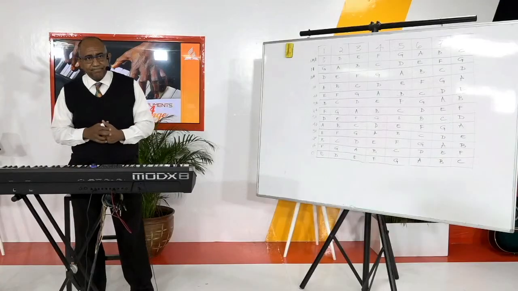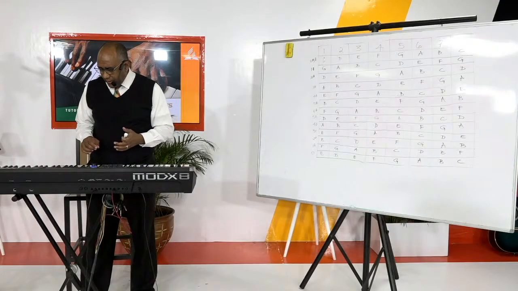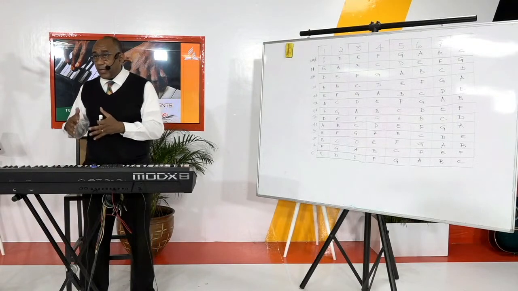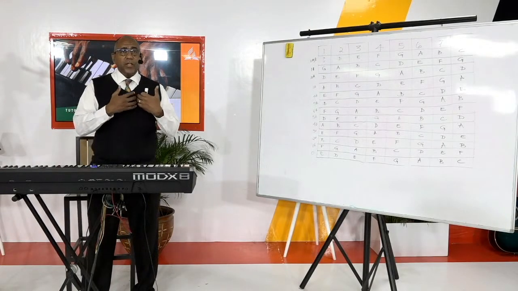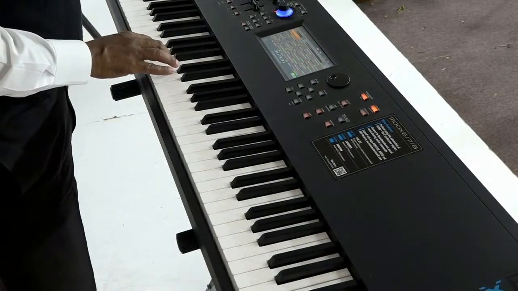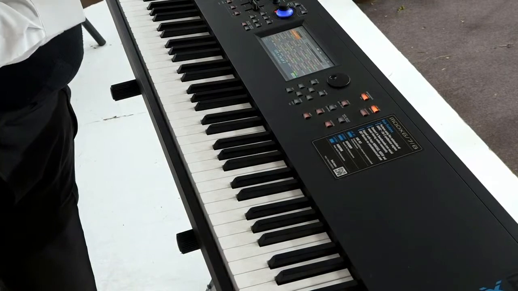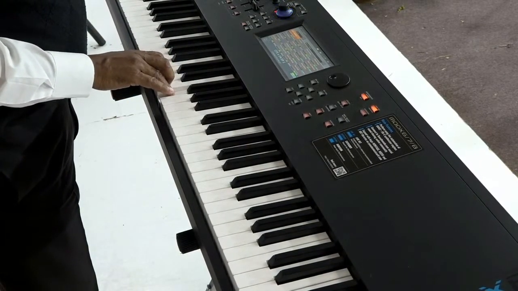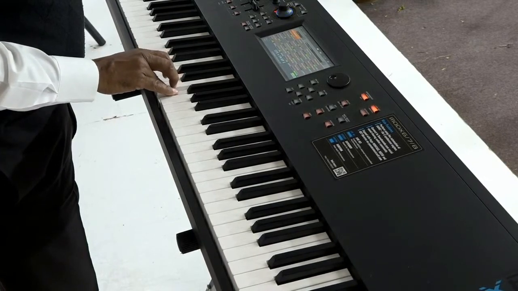What you'll find is that there's a note here that is wrong, because you can't play all the white notes starting from G and get the same sound. Let's see if we can find that note that goes wrong. That note is the one that goes wrong.